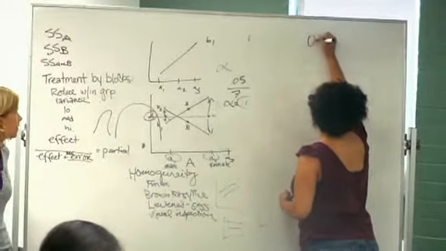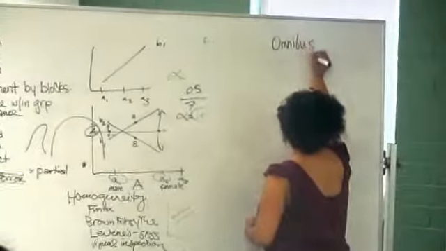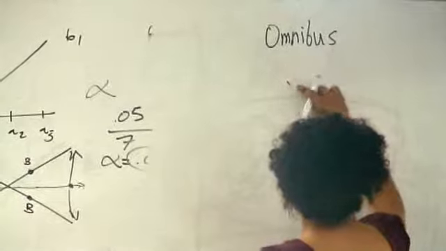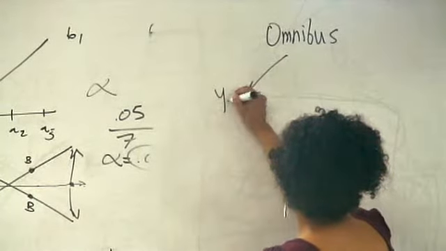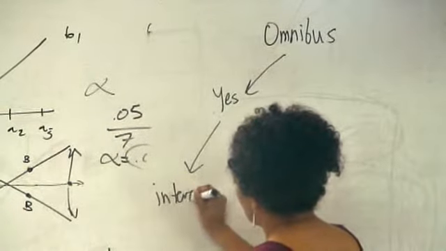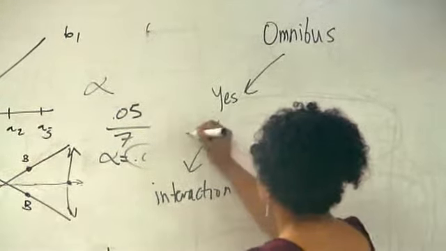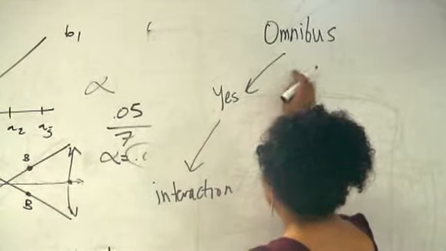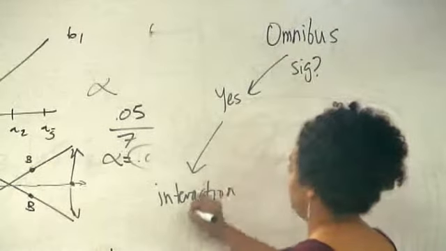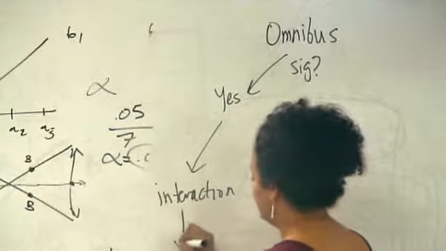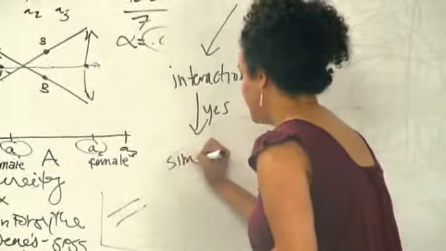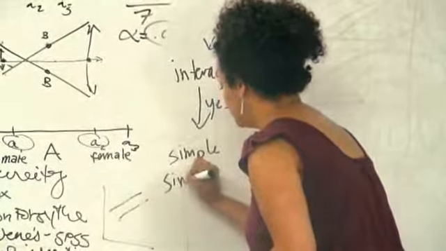So we start with the omnibus. Is the omnibus F significant? Yes. Look at the interaction. Significant? Yes. Look at simple effects, simple comparisons.